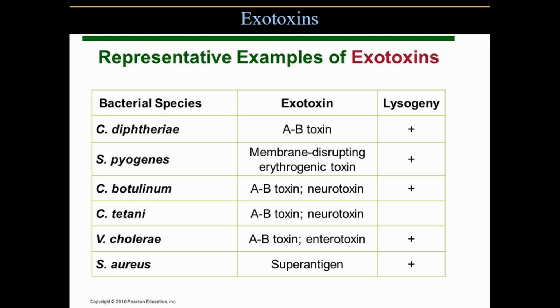They can then become infected by a virus and cause a host of other diseases as well. So whenever they are not infected, they produce this disease. Whenever they are infected by a bacteriophage, they can produce another disease altogether.